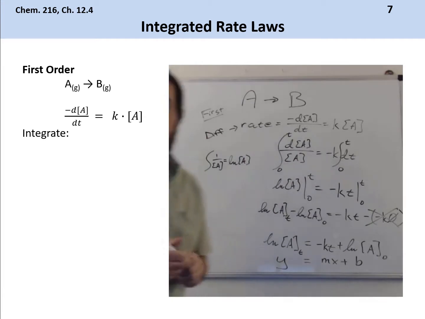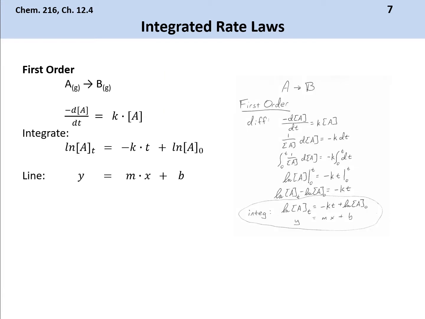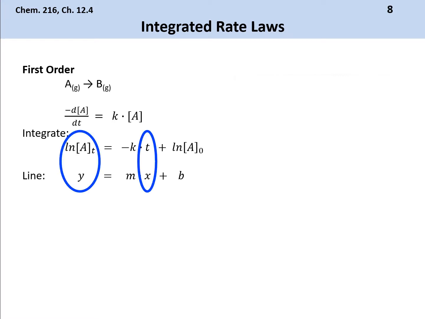All right, so let's look at this on the screen. So I can use this, and I can plot the ln of the concentration versus time. And here, I'll get another straight line where the y-intercept equals ln A naught, and my slope equals negative k.